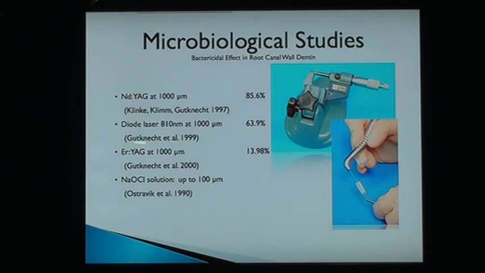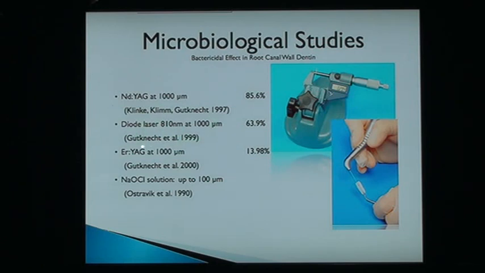Diode 810 is also absorbed in melanin, but less than Nd:YAG. And it's also highly transmitted in water, but also less than the Nd:YAG. That's why Nd:YAG can go through the dental tubulus more than the diode, and we achieve more bacterial reduction in dental tubulus than with diode.